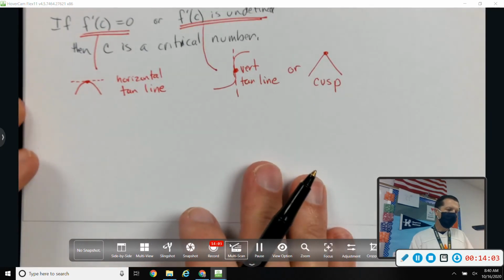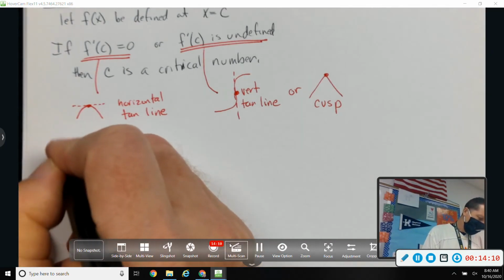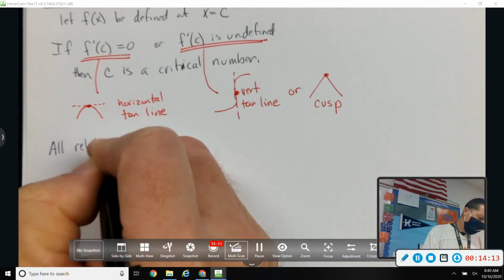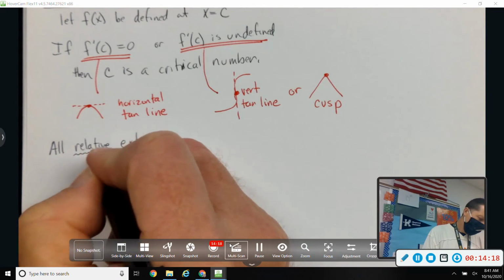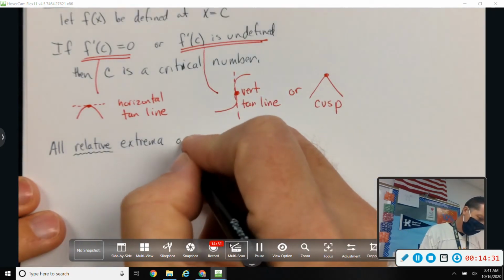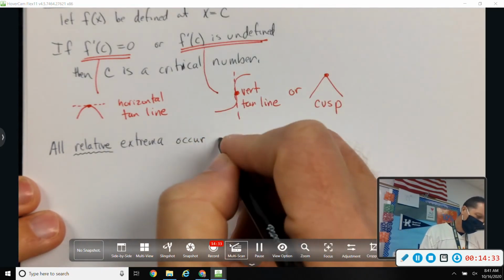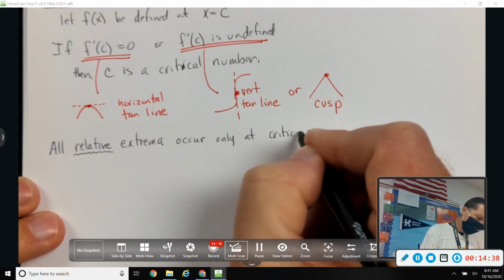All right, now we're going to put the idea of extreme values and critical numbers together. All relative extrema, so not absolute or global, but relative, top of mountain, bottom of valley, all relative extrema occur only at critical numbers.